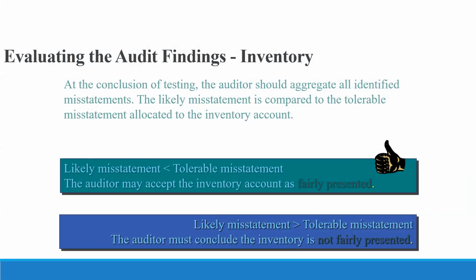You could safely say the account is fairly presented. If the detected misstatement is higher than the tolerable level, then you should communicate with the management for them to make corrections. If after correction the misstatement is still bigger than the tolerable value, then the account would be labeled as not fairly presented.